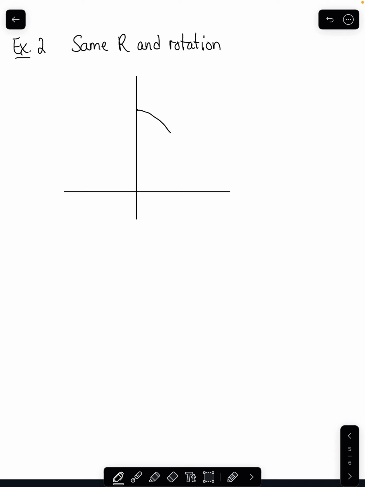So we have the same region R defined by this parabola. And we're still going to rotate about the vertical axis, but this time we're going to do this with the disk method.